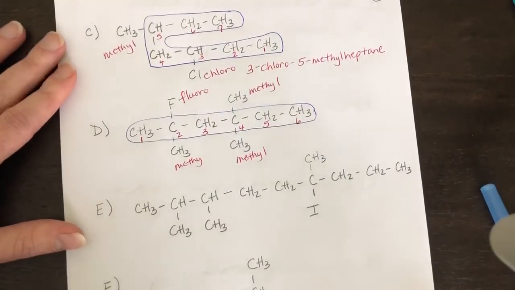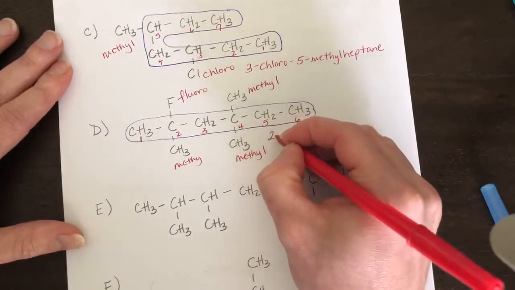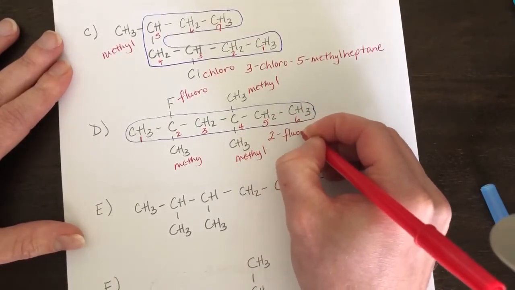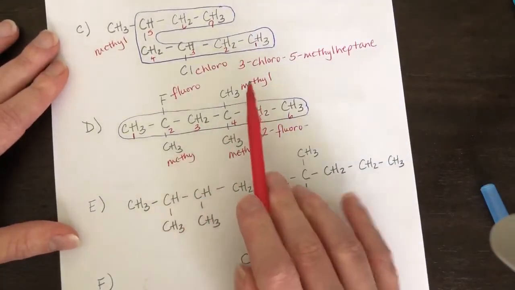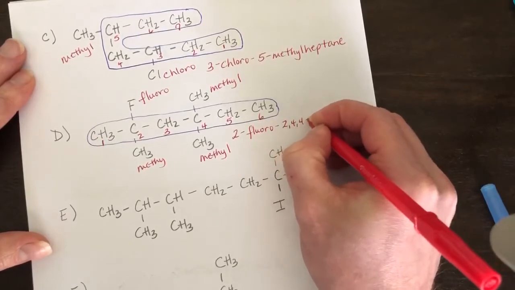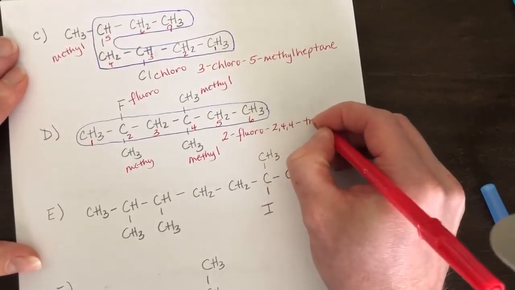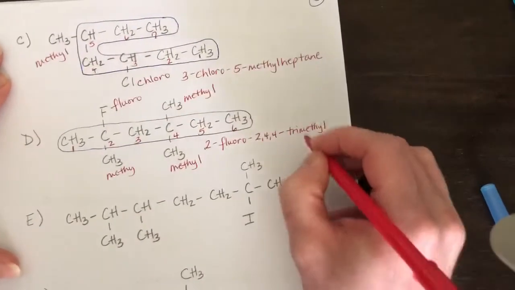So F comes before M in alphabetical order. So this is going to be 2 fluoro. And then I have methyl groups coming off the 2 and the 4 carbons. So it's going to be 2, 4, 4, trimethyl, and it's going to be hexane.